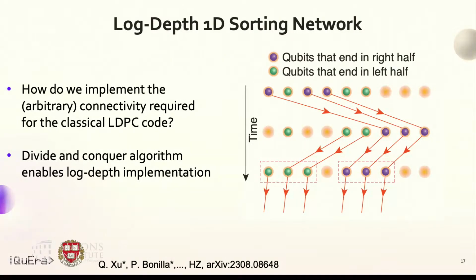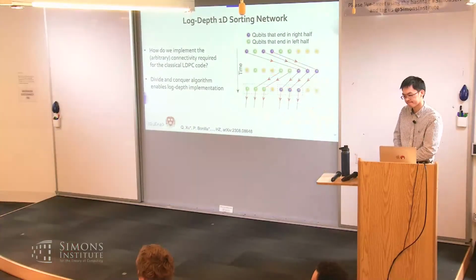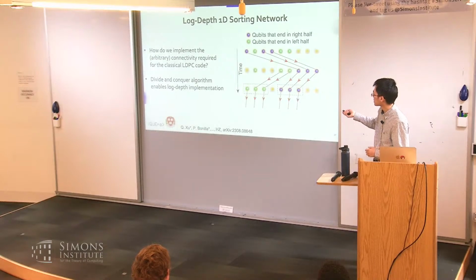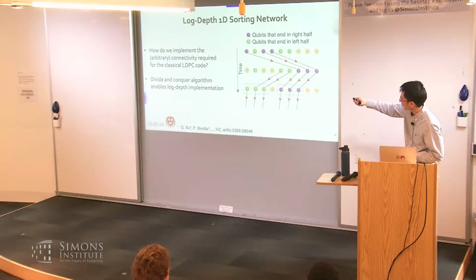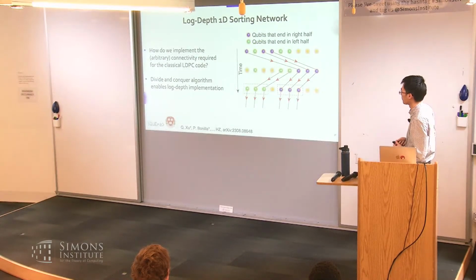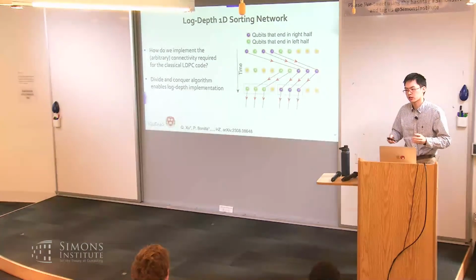Yes? So as you move in this log depth, you have to transfer atoms from the two AODs in every step, or is it just once? Yeah, so in this particular construction, you do indeed need to transfer. I think one step of this, if I remember correctly, is one transfer in and out. This is something that one can definitely try to optimize if you're given a particular one.